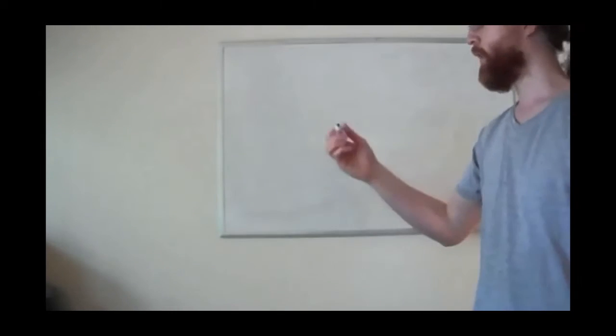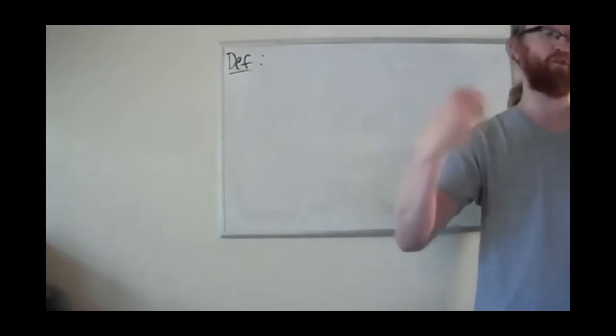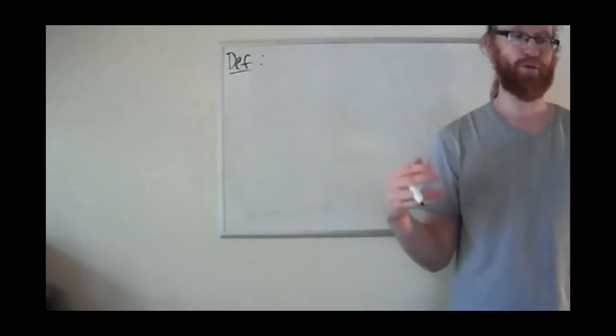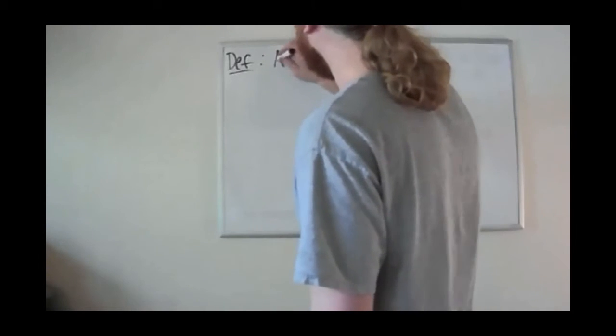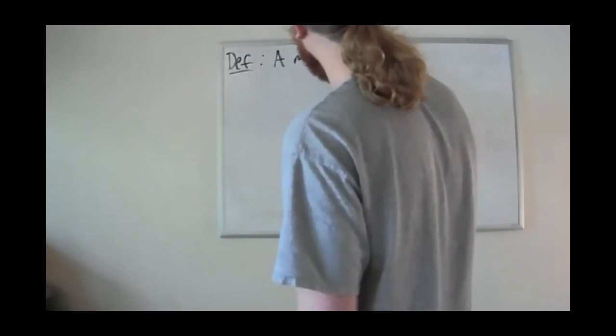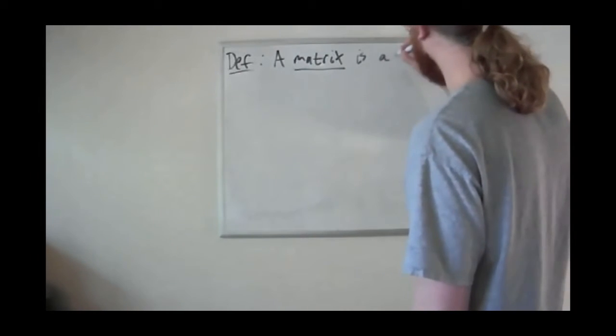And so the tool that we're going to use is called a matrix. So I'll tell you what a matrix is. And this will be a really non-enlightening definition, but then we'll see a bunch of examples and we'll get some more vocabulary and it'll be better. So for now, a matrix is just an array of numbers.